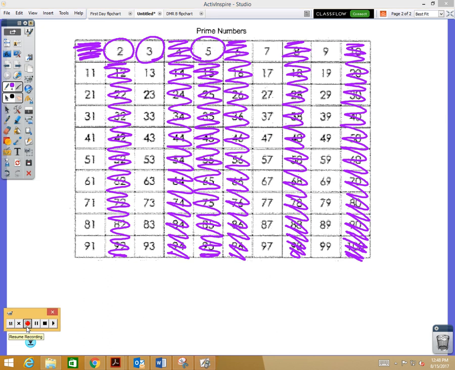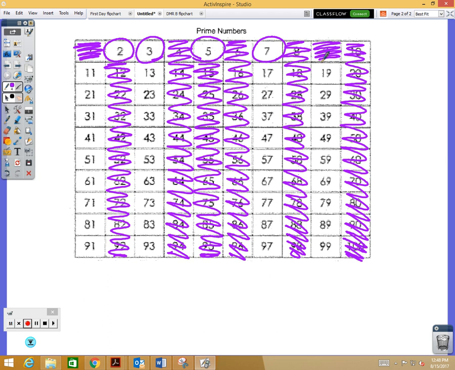All right, keep going along our list. 7, prime or composite? Prime. 1 times 7 is the only way to get it. 9, prime or composite? 1 times 9, 3 times 3, so 9 is composite. 11, prime or composite?